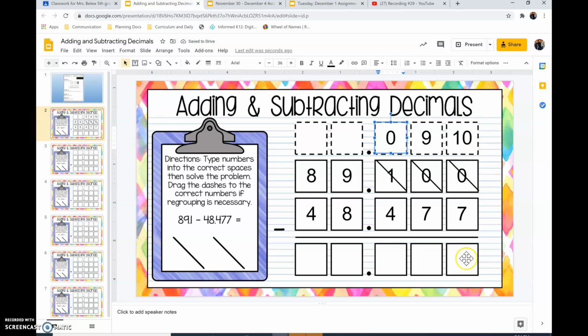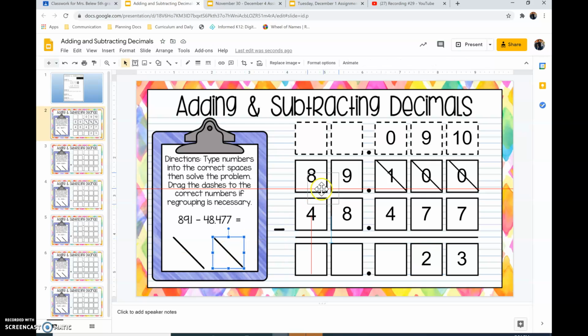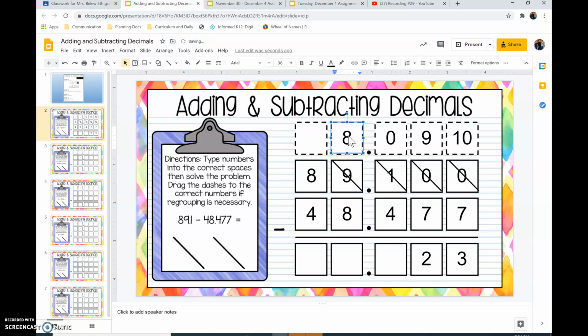So now I'm going to subtract. 10, take away 7, 3. 9, take away 7, 2. 0, take away 4. Can't do that either. I have to regroup again. I'm going to slash it out. I'm going to take 1 away. It's no longer 9. It is now 8. So now I can take that 1 that I took away and put it here. So it's no longer 0.